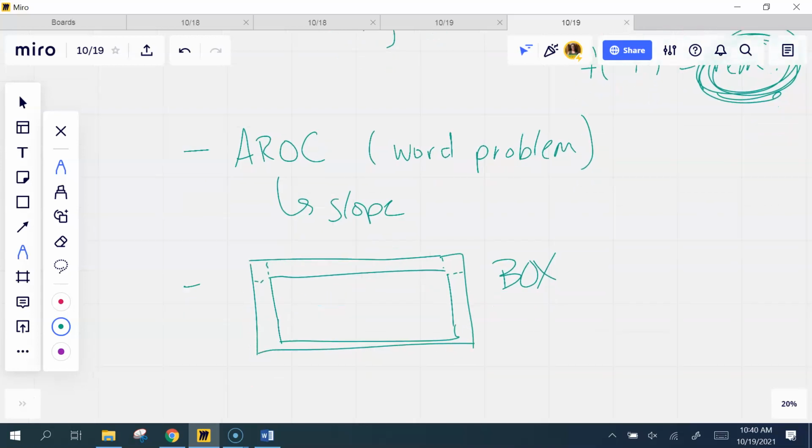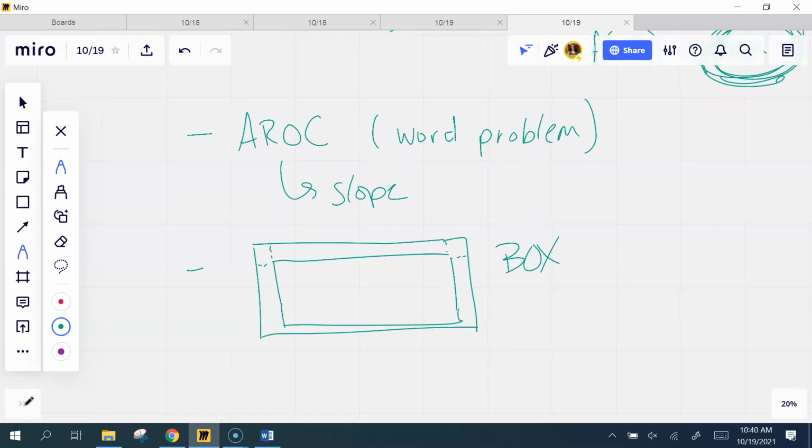Make sure you go back and look at that box problem where this is x and this is x, and we have some number value here and some number value here. We said volume was length times width times height. If I'm looking at area, it would be length times width. So be able to do that.